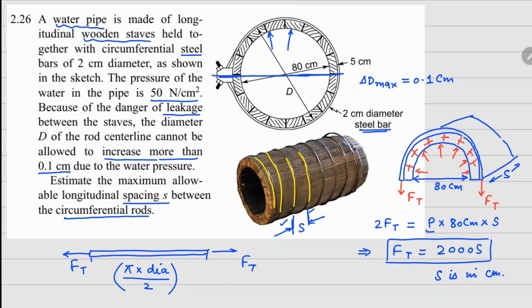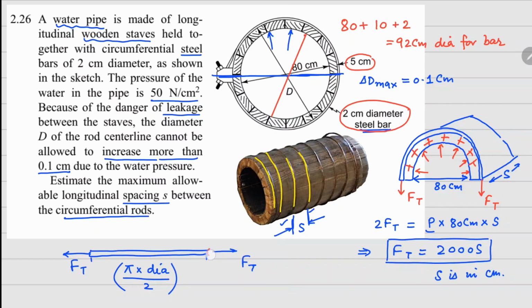Now for the wire, this inner diameter here is 80 centimeter. After that we have this 5 centimeter from the wood, so 80 plus 5 on two sides, so 10 centimeter comes from the wood, and the diameter for this bar is 2 centimeter. So if we are going only up to the center, it's going to be 2. So this is going to be the mean diameter for this. So this is 92 centimeter diameter for the steel bar.